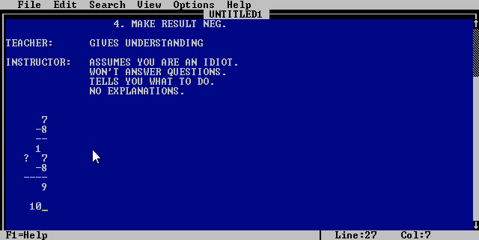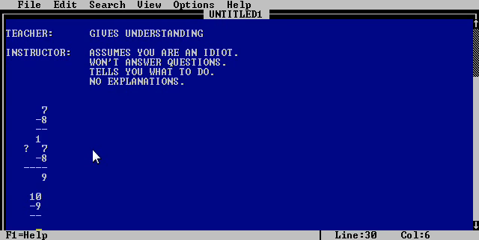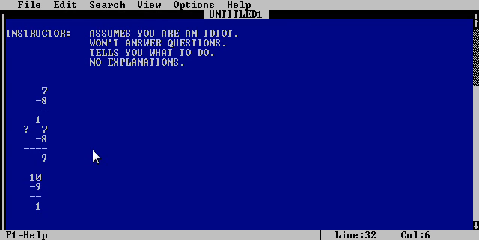So we add 10 and subtract from that the result that we already have. We're just being told to do this. We don't know why. Subtract. And that gives us a result. And the last step is to multiply the result by minus 1. And the answer is minus 1.